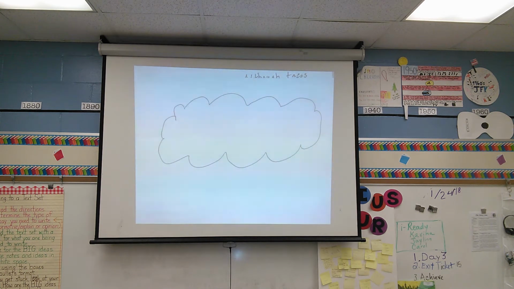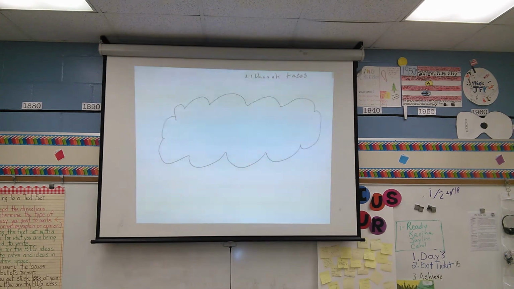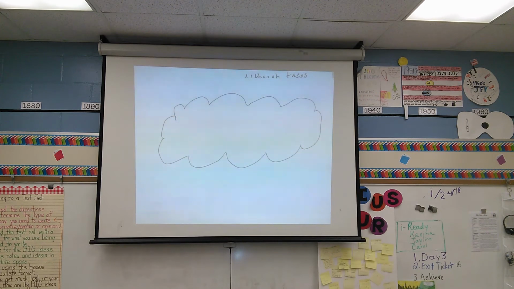We jot words in the white space to help us remind ourselves where and what was being talked about in the article. So now let's put it together. All right, so think about both of these articles. You've read both of them. You've annotated them. Okay, turn and talk and come up with one way that the histories of these two foods are alike.